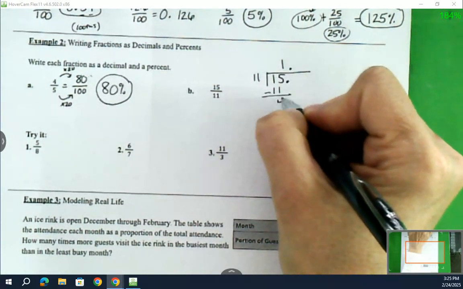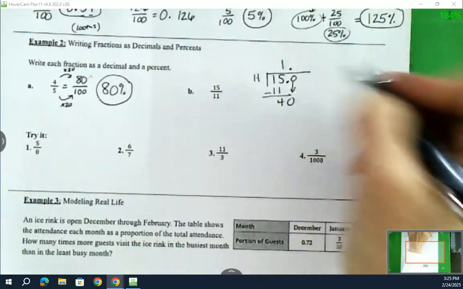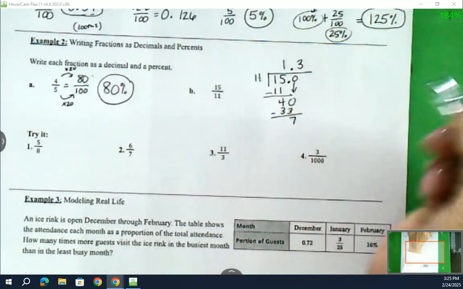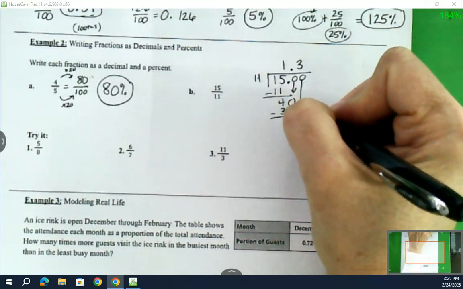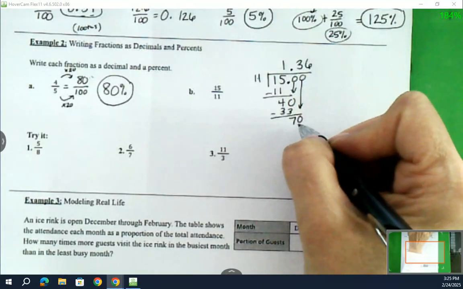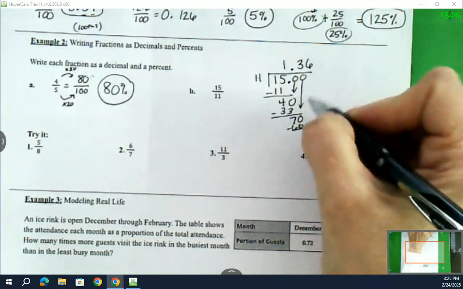When we subtract, we have a 4, so we're going to bring down a 0. Well, 11 goes into 40 3 times for 33. We subtract, we get a 7 remainder. Bringing down another 0, it's going to go in 6 times for 66. And then we have a 4 remainder.